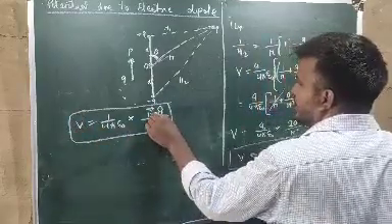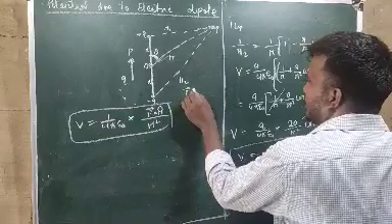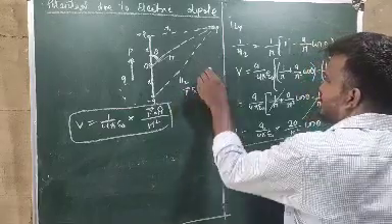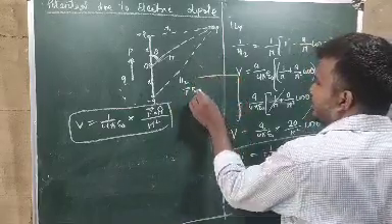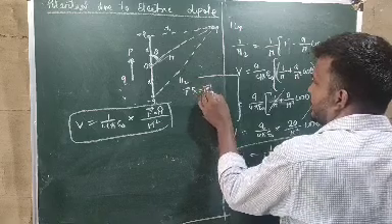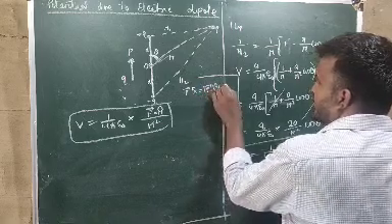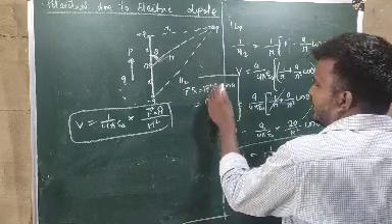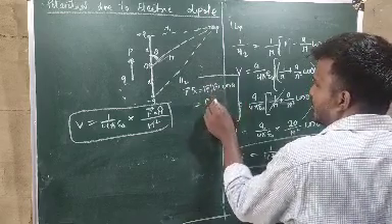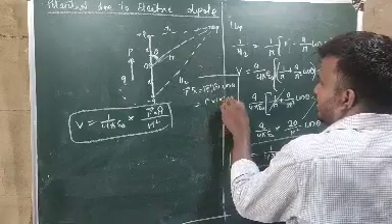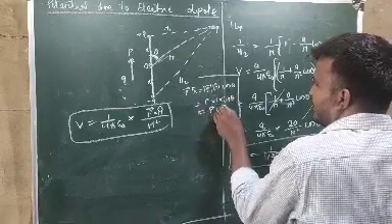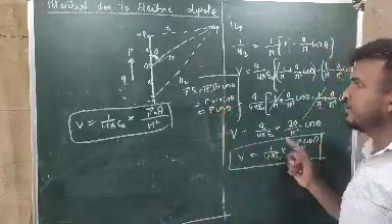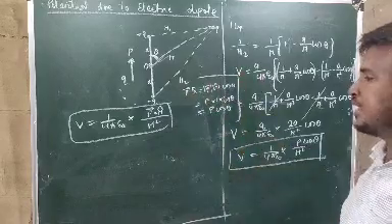Because p vector dot r cap will be equal to the modulus of p vector times the modulus of r cap times cos theta. The modulus of p vector is p only, and the magnitude of r cap is 1, so it will be p cos theta. So in place of p cos theta, we can put p vector dot r cap.